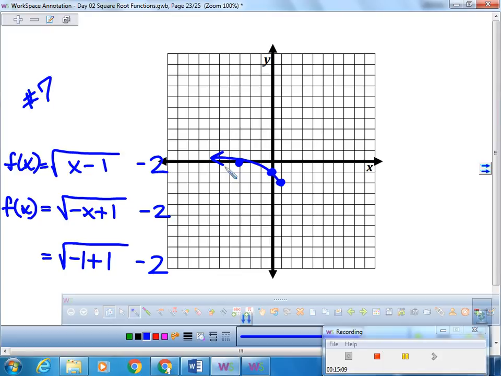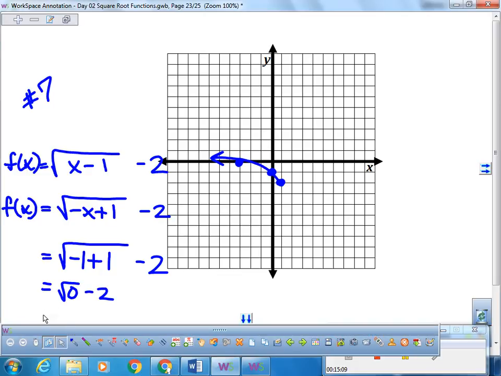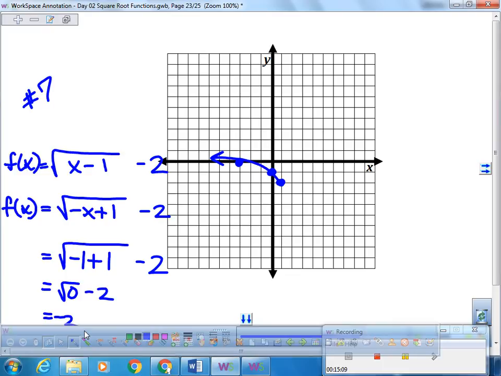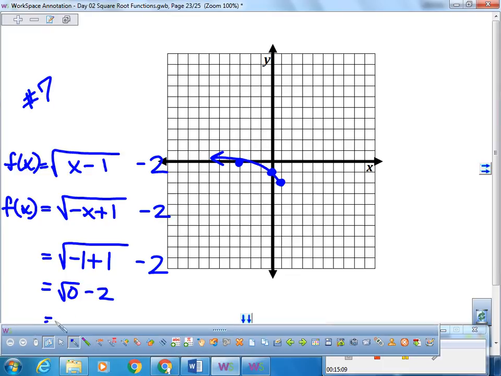So now it works? Over 1, down 2? Yes. Now it works. Because this is the square root of 0 minus 2, which is negative 2. So when I put in 1, I get negative 2, which is correct.